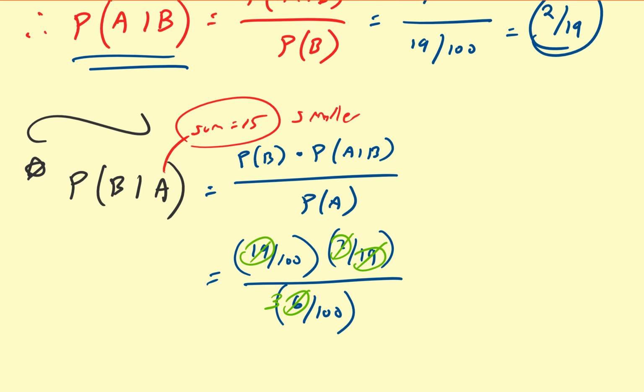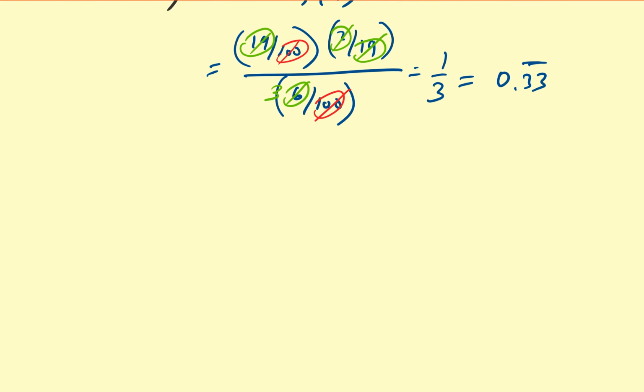And then these 100s are going to cancel as well. So we're just left with 1 over 3. That means the probability of getting at least one 6, assuming that we have already got a sum of 15, is equal to a third. That means that's going to happen 33% of the time.